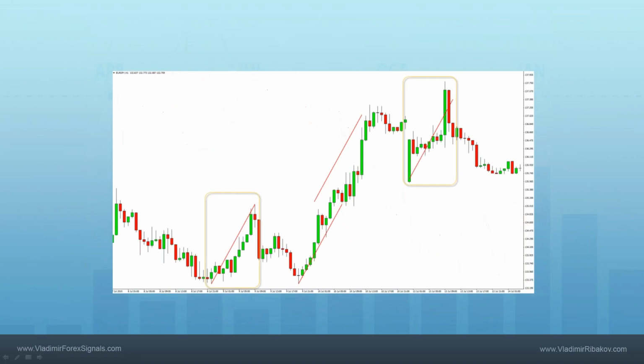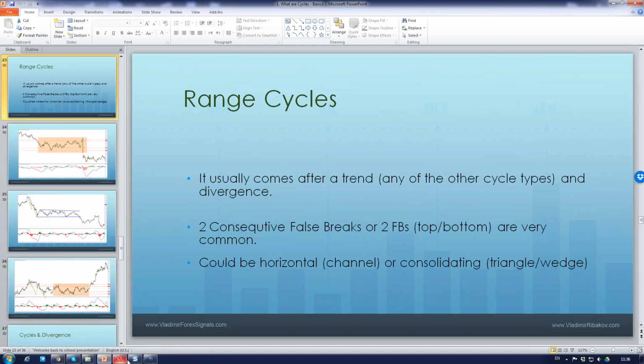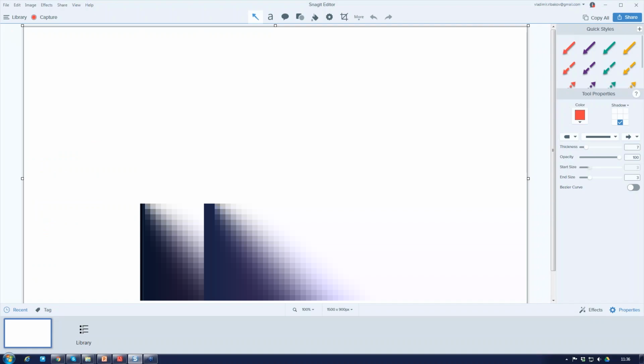Let's take a look at a few examples. This is a special cycle, bullish one. Now before we go to range, here is one important thing I want you to know.